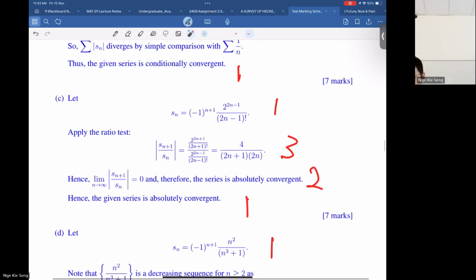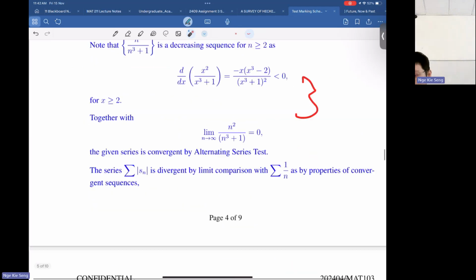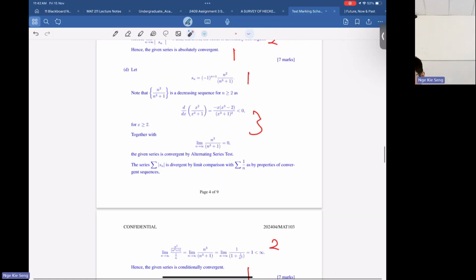C 我想很多人做得错，就是 ratio test. Because ratio test is very strong. Ratio test doesn't tell you convergent only, it tells you absolutely. D is conditionally convergent also.